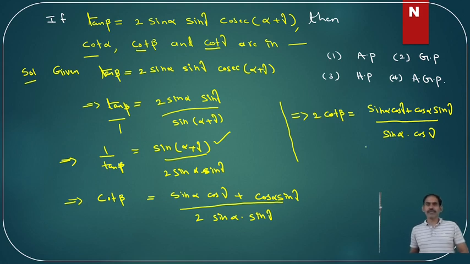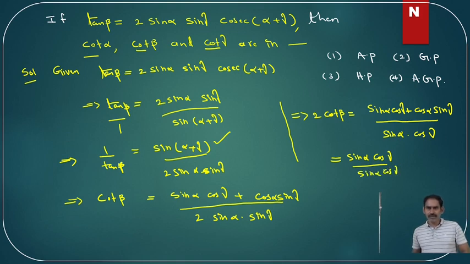Now split the numerator: sin alpha cos gamma by sin alpha sin gamma. This is sin gamma, not cos gamma, this is sin gamma.